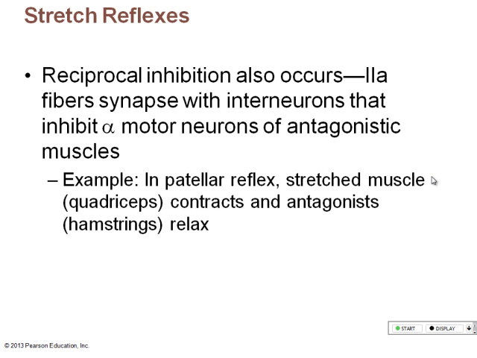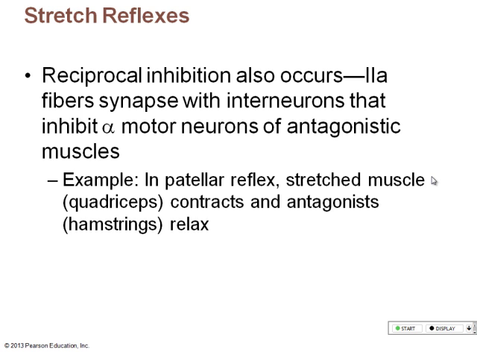Again, all of these guys are going to help with coordinated movements of muscles. We're going to look at the patellar reflex in class. Stretch of the quadriceps muscles contracts the opposite muscles, or antagonists, the hamstrings, causing them to relax.